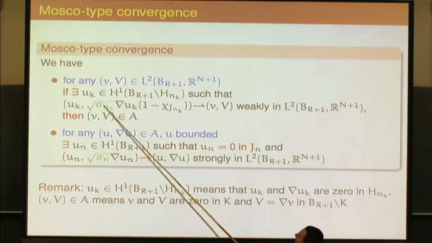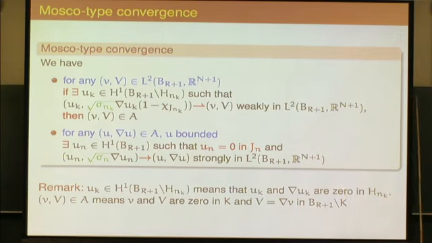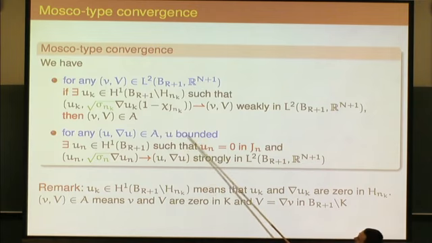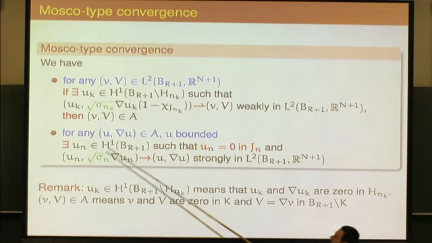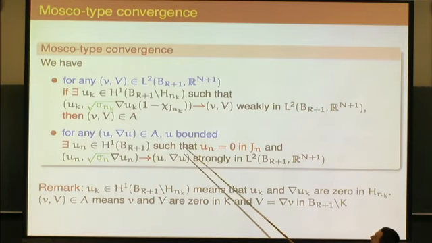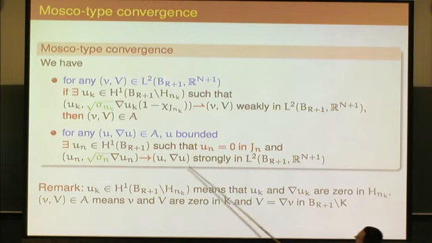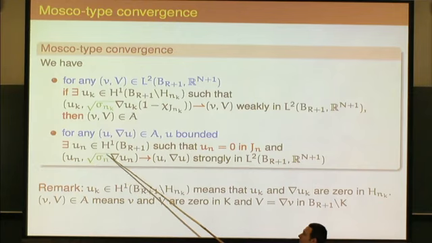I want to point out the weight here. Moreover, you have a strong approximation for any element in A, provided u is bounded: you can find an element u_n in H1 with support in B_{r+1}, satisfying the following. u_n is 0 in J_n, so in particular in the cloak region this u_n is completely 0, and you have a strong approximation in L2, again with this kind of weight in here.